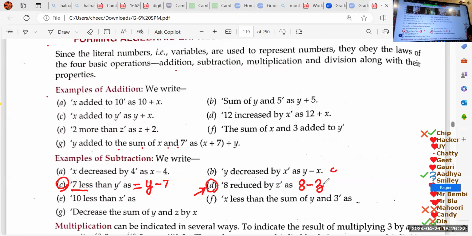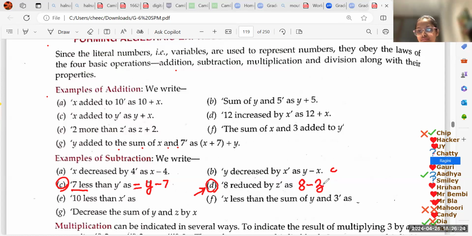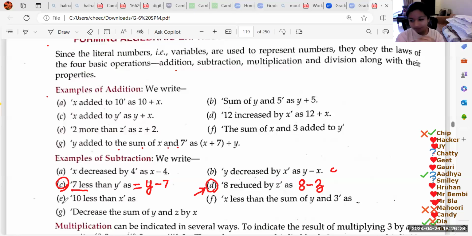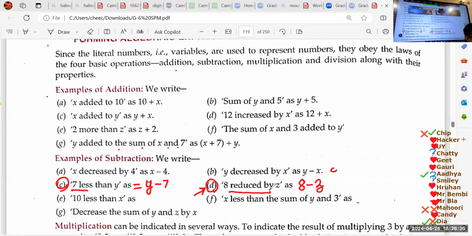Understood? Okay, sir. Sir, I didn't understand the D part. Again, beta, it's English. 8 reduced by z. 8 को reduce करो z से. 8 को कम करो z से. So shouldn't it be opposite?